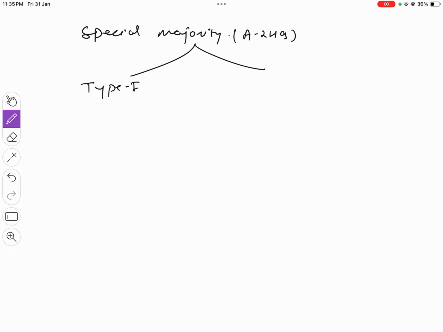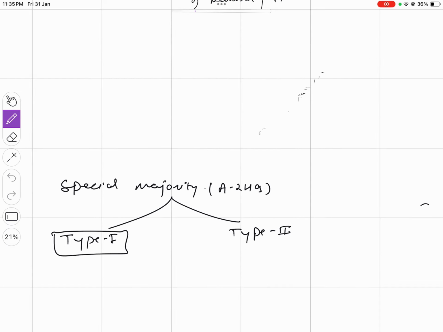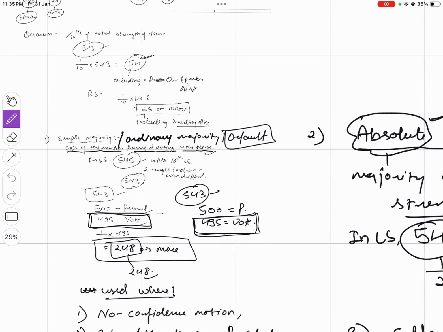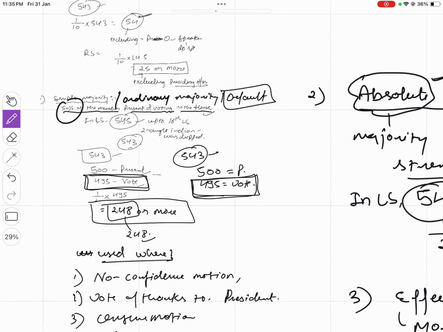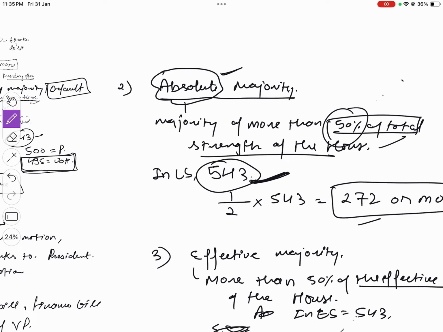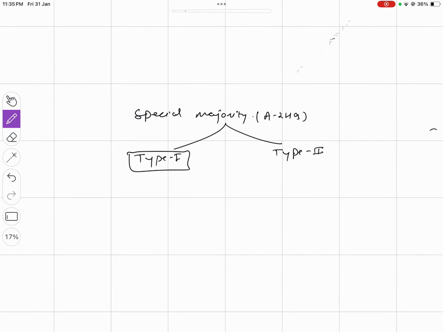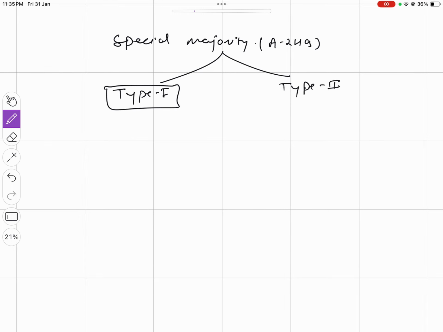First we say type 1 and second we say type 2. So type 1 majority is simple. In the earlier majorities we were talking about 50% of the house. Here also 50%, here also we mention 50%, but in special majority type 1 we are saying two-third.